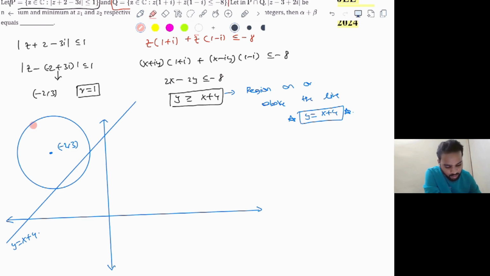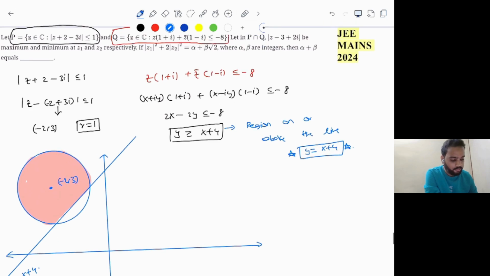Since they are talking about P intersection Q, you must be taking only the common part here. So this is your required region because P intersection Q is nothing but the common region to both the loci. I hope you understood till now what is being done.